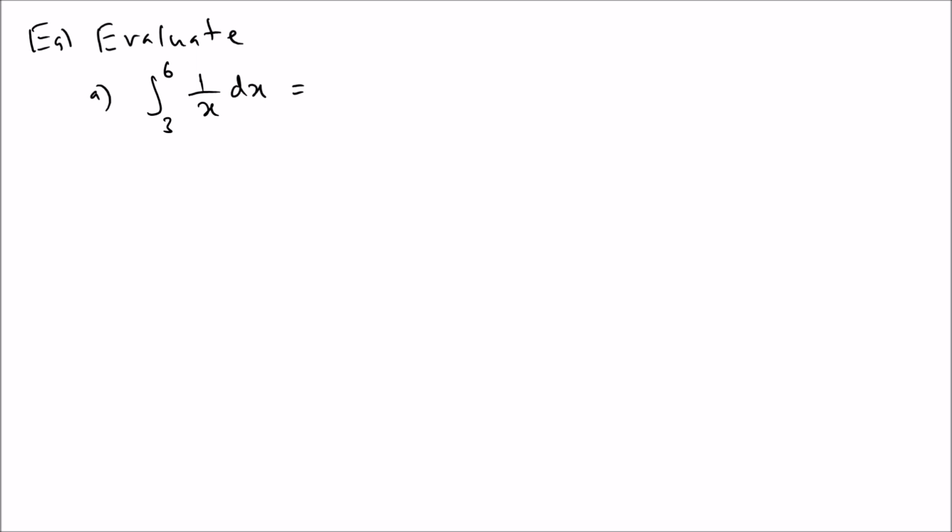So 1 over x, we know that the antiderivative is natural log of x, and then we're going to evaluate at 6 and 3. It's easy to forget. So you plug in 6 first, minus you plug in 3 next.